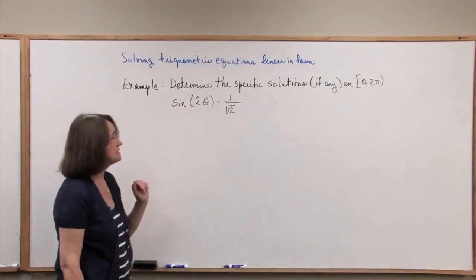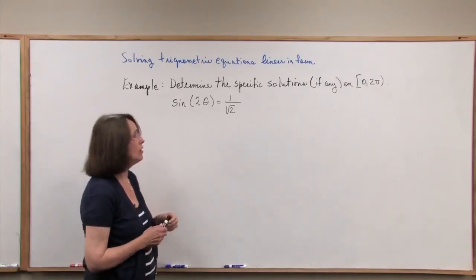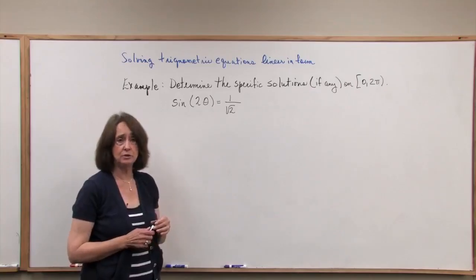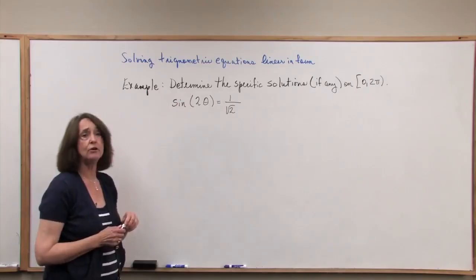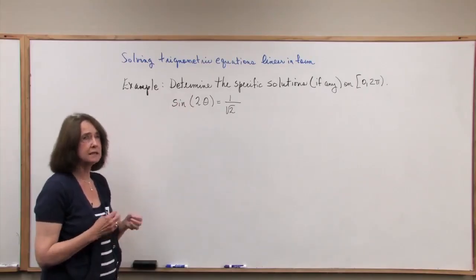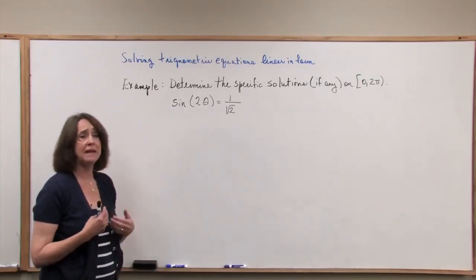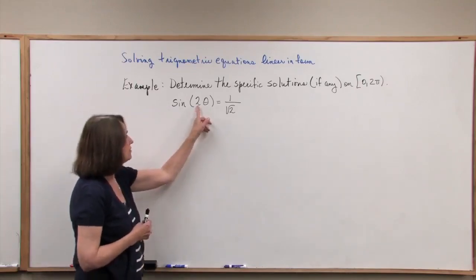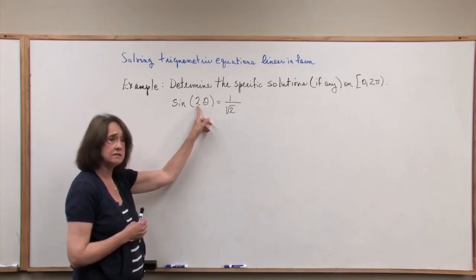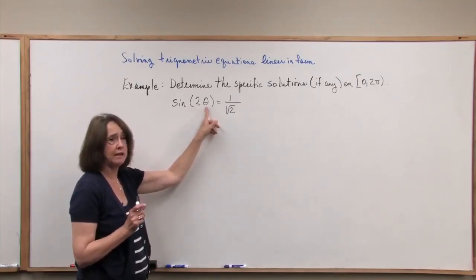Our directions tell us to find the specific solutions, if any, on the interval from 0 to 2 pi. Now, this trig equation is linear in form, but it's a little different than some of the others that you may encounter in your homework. And that's because there is a constant multiplied times our angle theta.